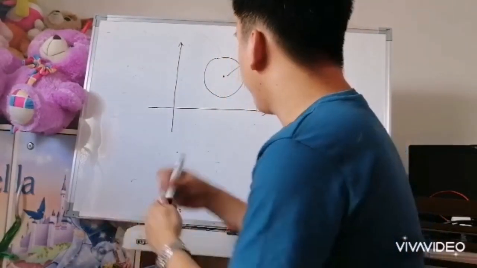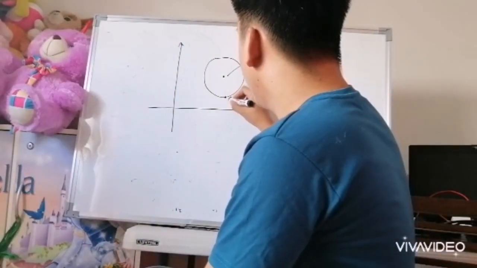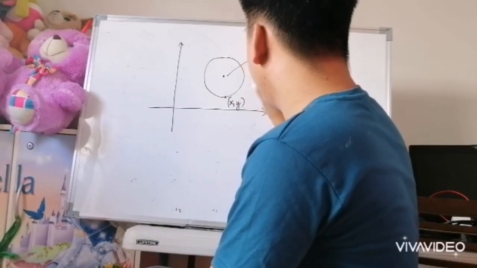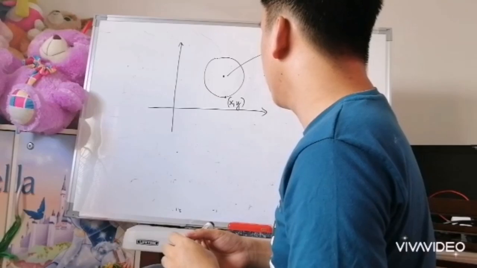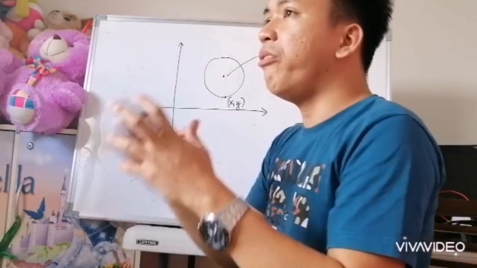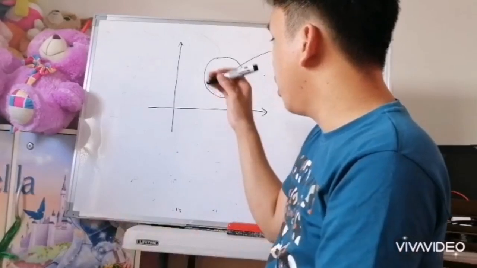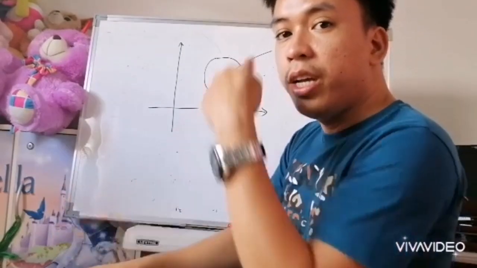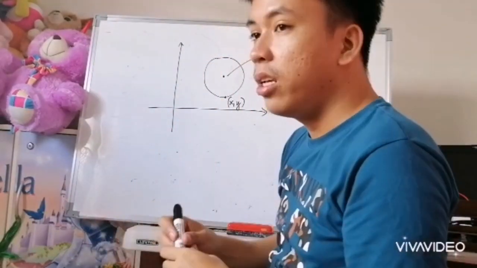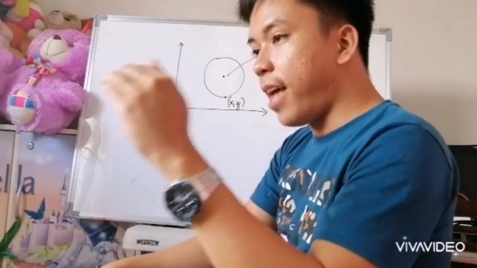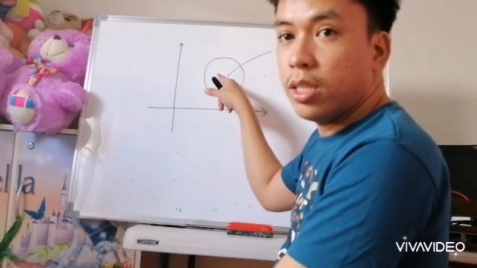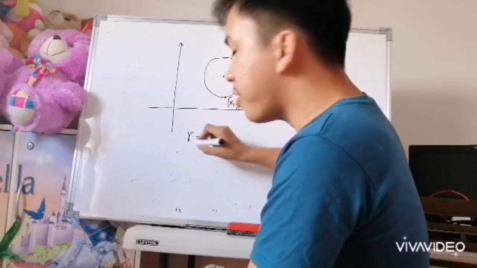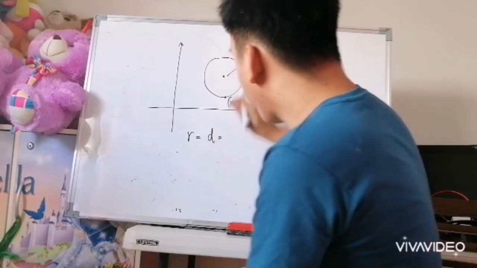Provided that you are given at least one point on the circle, let's say (x, y), observe that as defined, a radius is the imaginary line segment connecting the point (x, y) to the center (h, k). In other words, the radius is the distance from this point to this point. By the distance formula, r, the radius, is the distance between these 2 points.